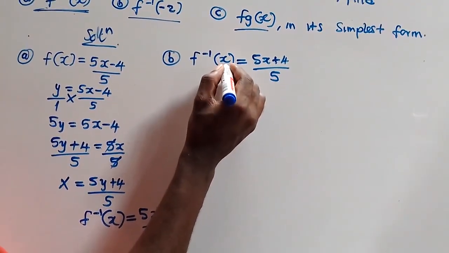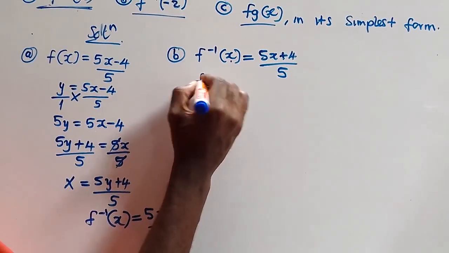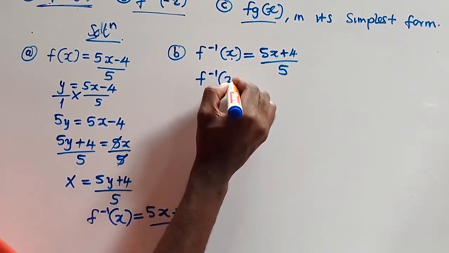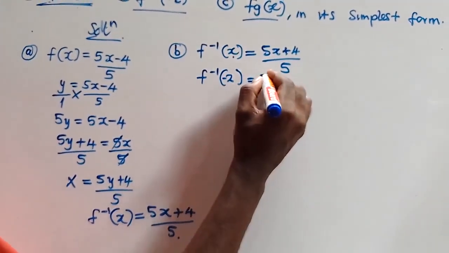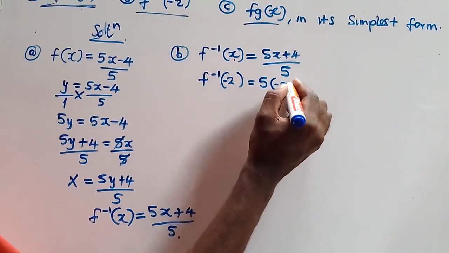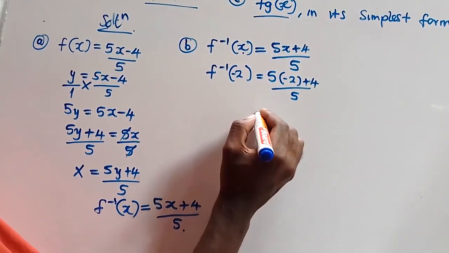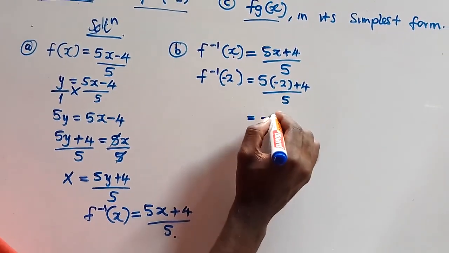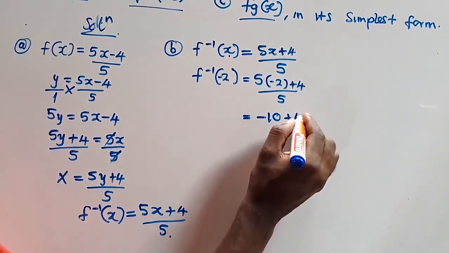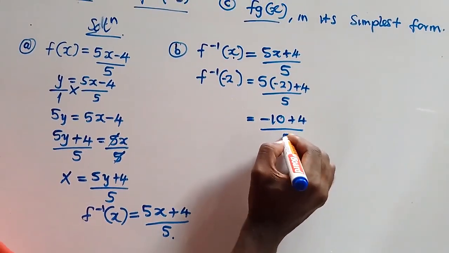Then where there is x, they have put negative 2. So you need to find f inverse of negative 2. Where there is x, you put negative 2: 5 times negative 2 plus 4 over 5. So this is negative 10 plus 4 over 5.